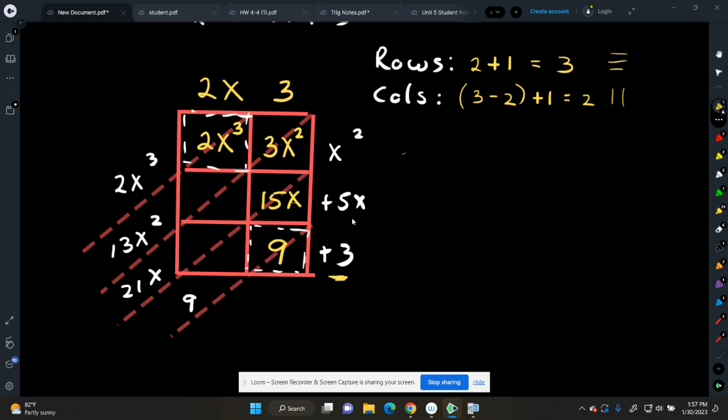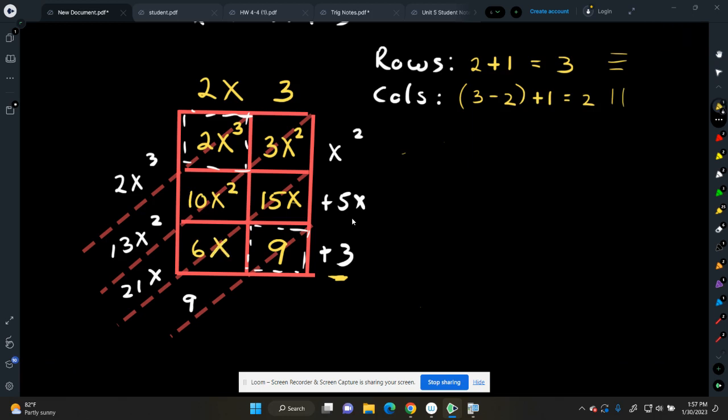It's 2x times x squared equals 2x to the third. All right, now we can fill the rest of this column in. 2x times 5x gives us 10x squared. 2x times 3 gives us 6x.